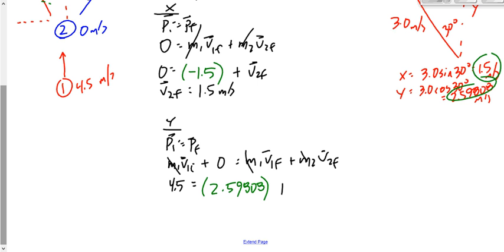Plus V2F. The second easiest math question ever. V2F equals negative 2.5. No, oh, wait. It's not quite the second easiest. Okay, the fourth easiest math question ever. 4.5 minus 2.59 gives me about 1.5.